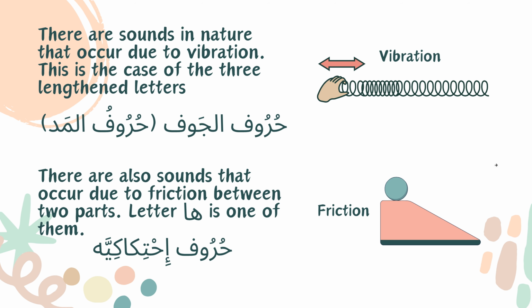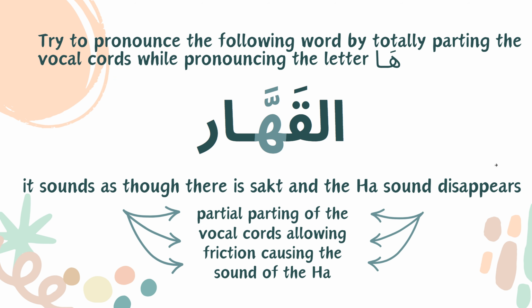And the same here with, for example, this word. Try to pronounce the following word by totally parting the vocal cords while pronouncing the letter ha. Let us say al-qahhar. I'll pronounce it normally. Al-qahhar. Okay? What if I extra open the vocal cords? Al-qah. I can't continue.